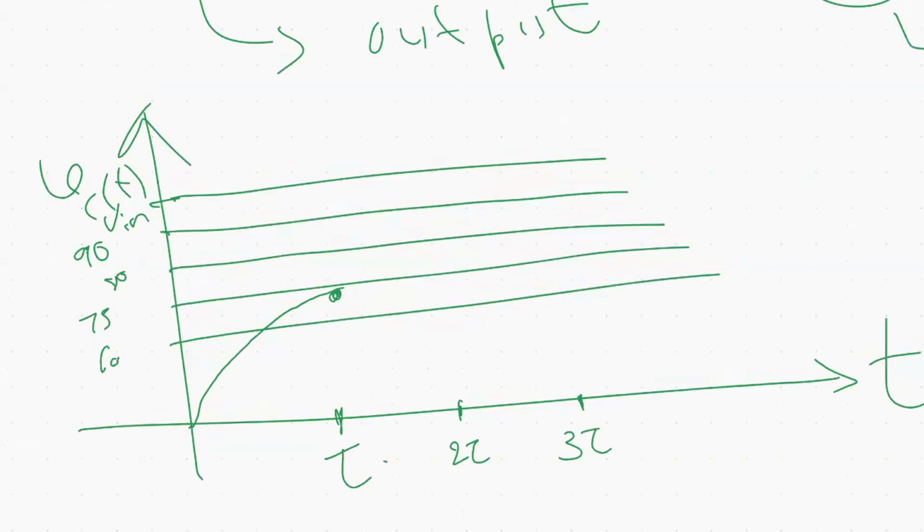So it's over here. And by the time it reaches 5 tau, it is fully charged, correct? This is the plot that we get for charging.